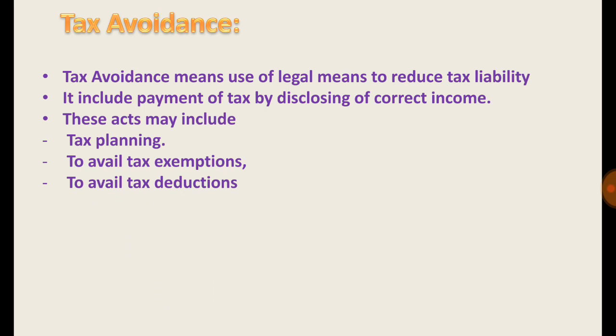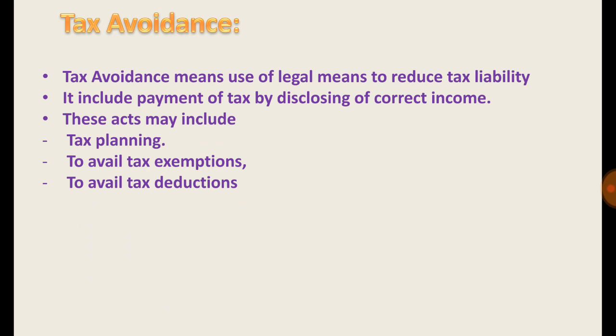So these activities may include reducing tax liability by a proper tax planning, by understanding what is the concept of tax, taxability of income, how the income can be properly invested, etc. What the tax planning that can be done by the person, that activity is included in tax planning.